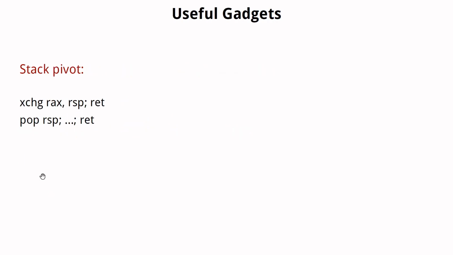Also, you can pivot the original stack. If the original stack is very small, say you can only overwrite a small portion of it, then you can use a gadget like exchange RAX, RSP.